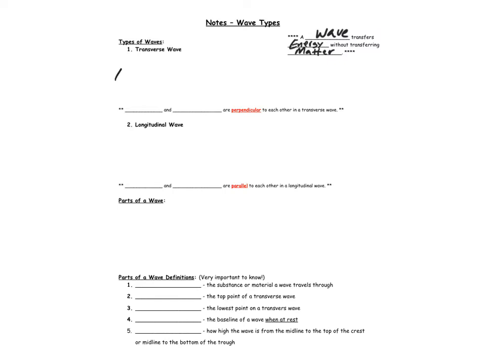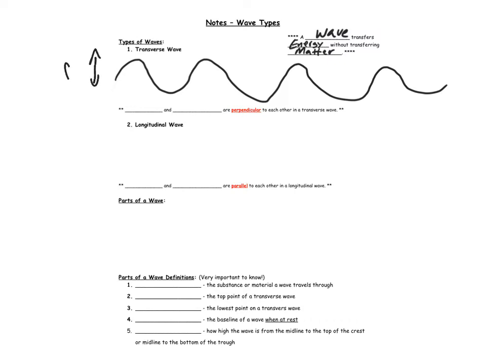So transverse waves tend to move in your stereotypical wave motion manner, where you've got these series of ups and downs, ups and downs, ups and downs. The important thing is the motion of the wave is going to be up and down. It doesn't have to be up and down. It could be side to side, but the motion of the wave is moving in some manner with the medium that it's moving through.